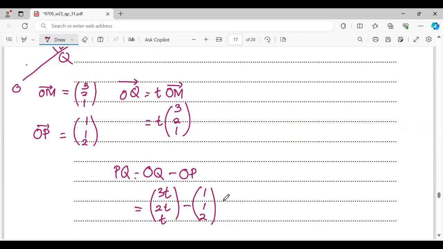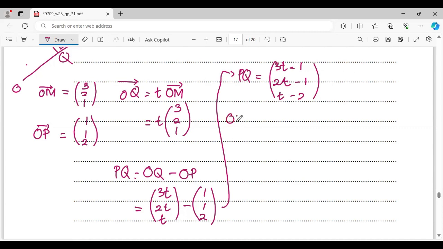So PQ equals 3t minus 1, 2t minus 1, t minus 2.